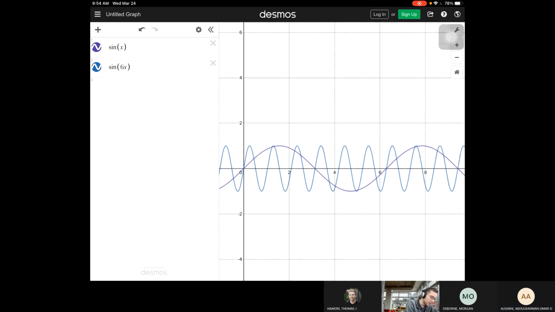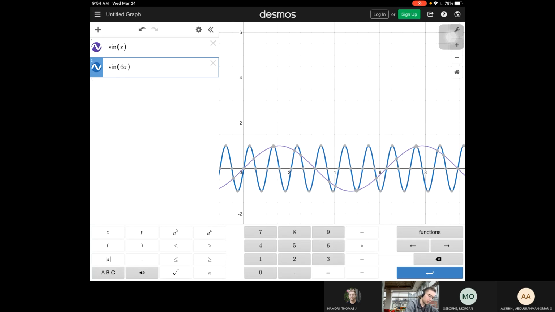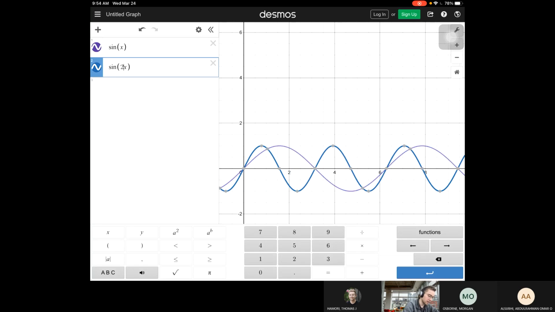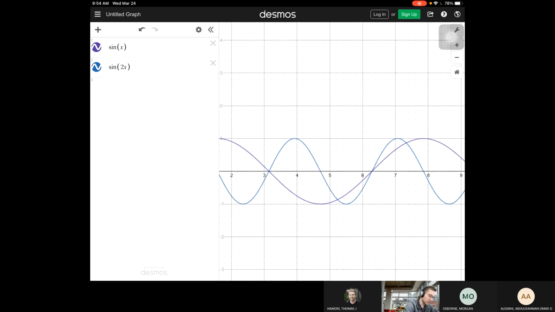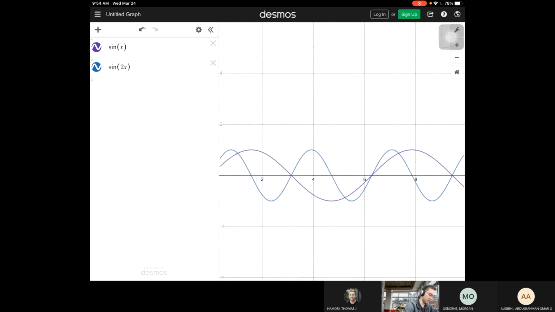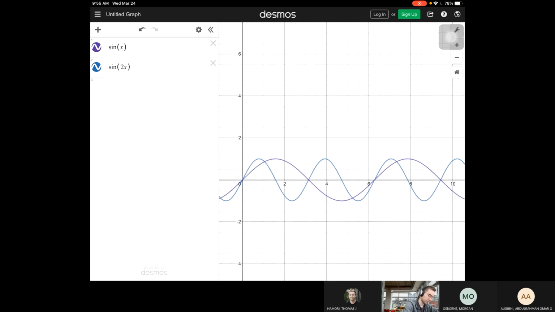And we can see that the distance from crest to crest here is 1/6 of the distance from crest to crest originally. It's easier to see if you make it 2, maybe. You can see that the distance between crests here is half of what it was before.